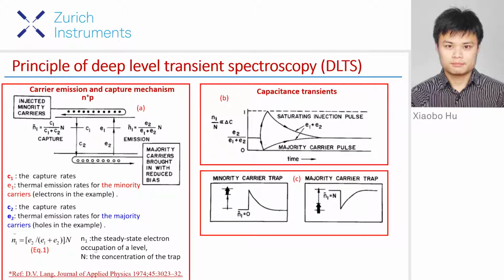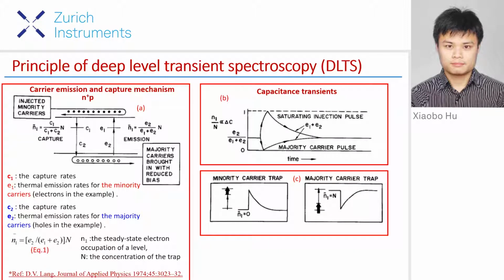Then, according to equation 1, an electron trap has to have E1 much greater than E2 and the hole trap with E2 much greater than E1. So this is indicated by the heavy and the light arrows at the bottom of figure C.